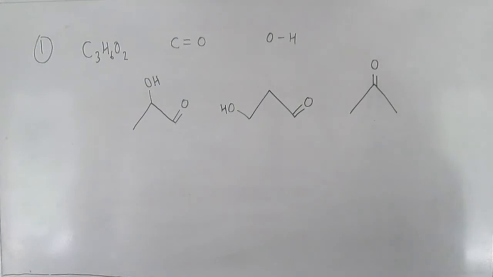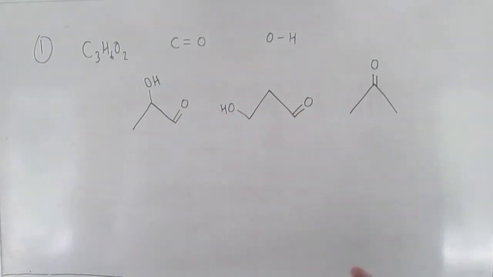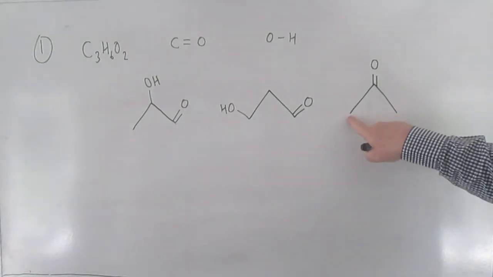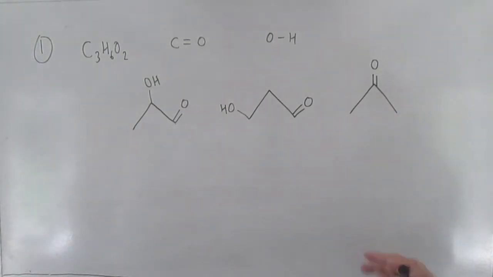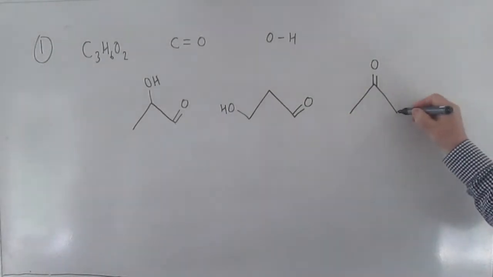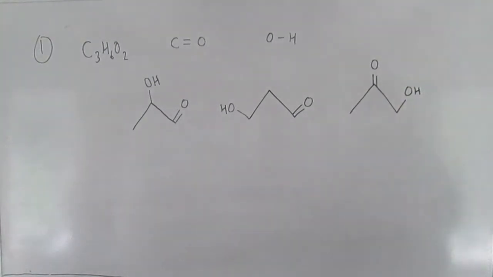Okay, so those are the 2 possibilities if we have the carbonyl group at the end, which remember is an aldehyde group. So 2 possible aldehydes, or we can have the ketone, which is this one, and you can see that if we put the OH either here or here, it's the same thing, because if you just flip it over, the OH would move from there to there, it would be the same thing. So there's just one possible ketone, which is that.